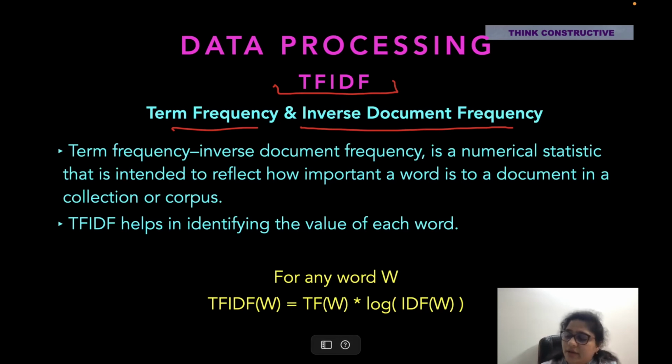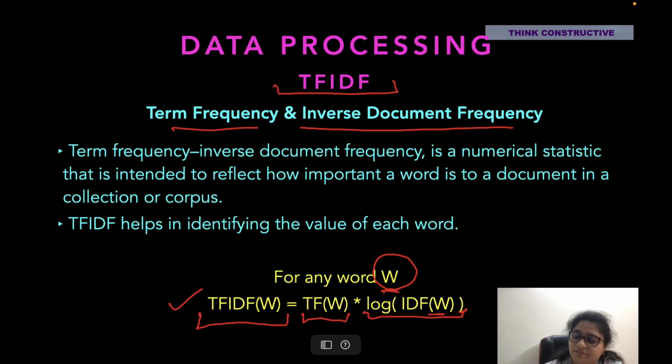Okay, and we will first understand that from this formula. For any word W, term frequency inverse document frequency is equal to term frequency for that word multiplied by log of inverse document frequency for that particular word. Okay, I'll repeat.